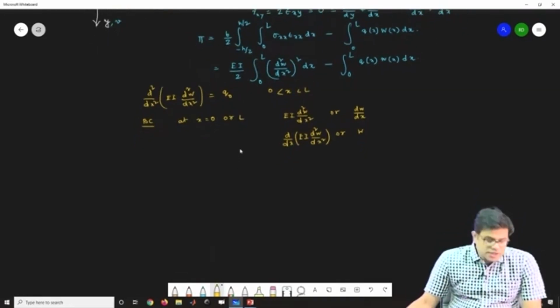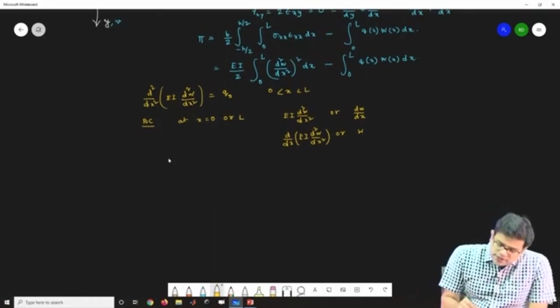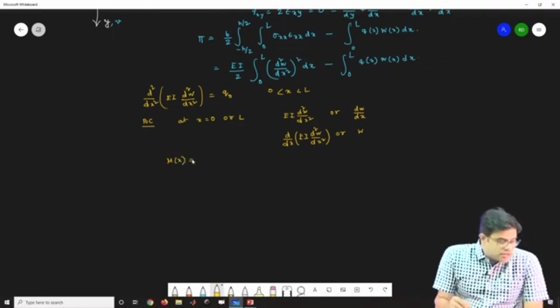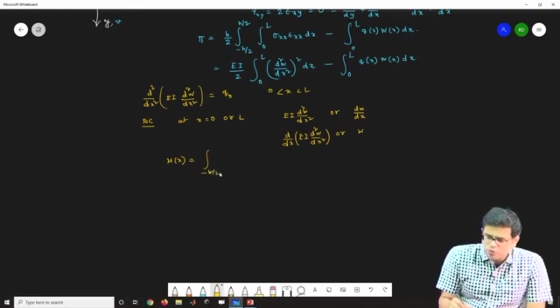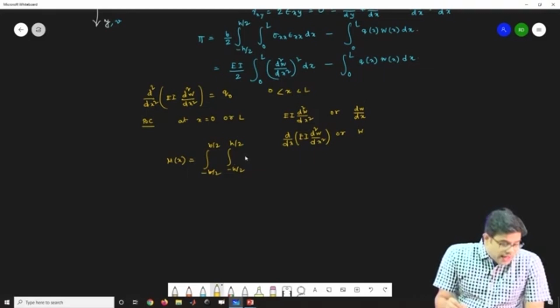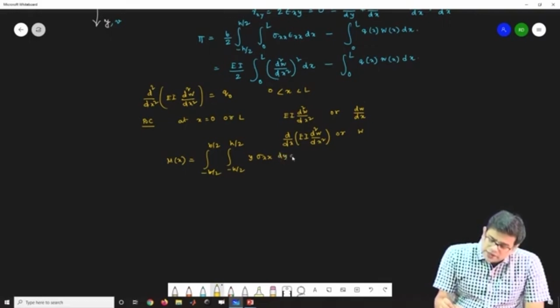Now the moment expression we all know: at any section we can compute the moment M(x), integrating from minus b by 2 to plus b by 2 and minus h by 2 to plus h by 2, y sigma xx dy dz.